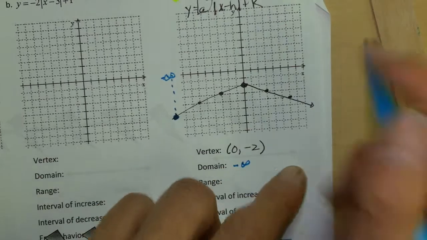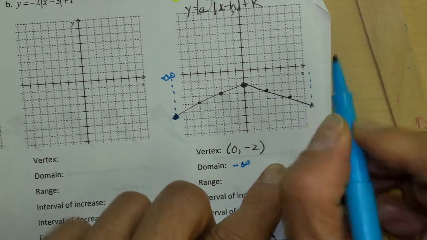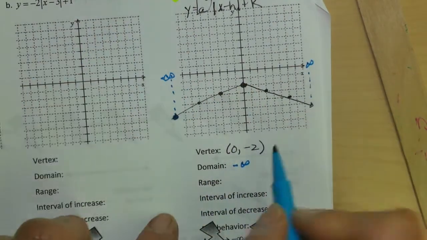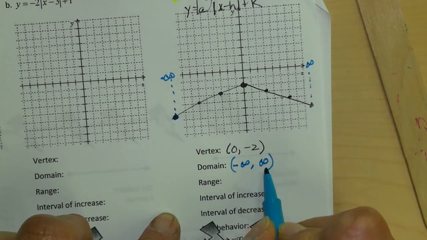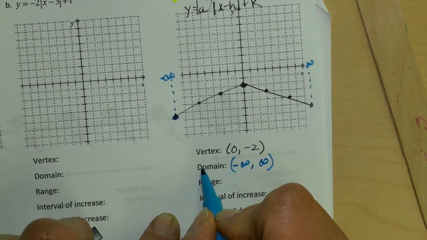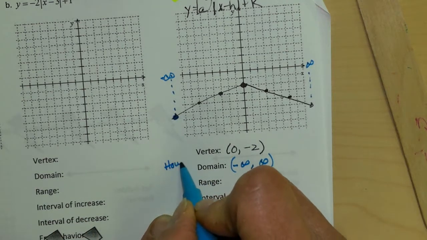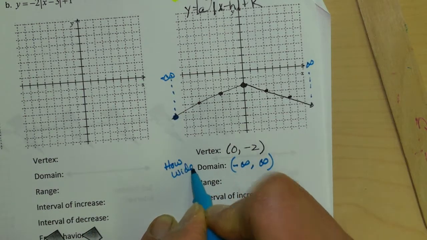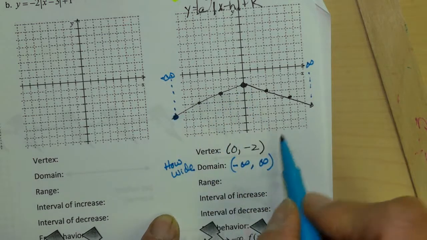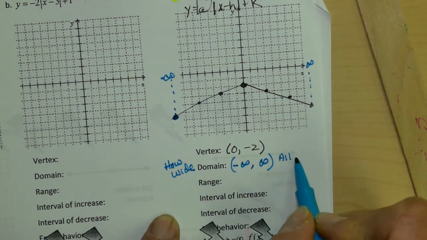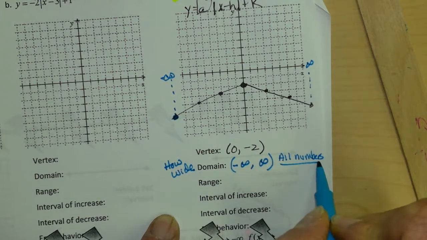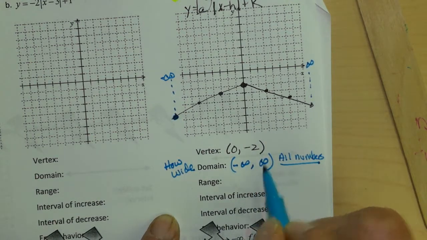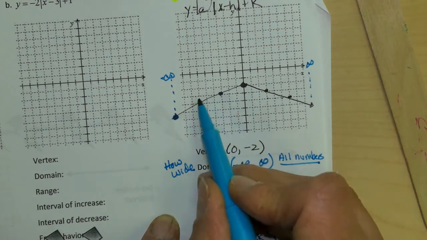What is the value of x way out here? That's +infinity. So my domain goes from -infinity to +infinity. Remember, domain is how wide. And there are all these numbers, so this means all numbers. This means everything. It's not just this point and that point and that point.